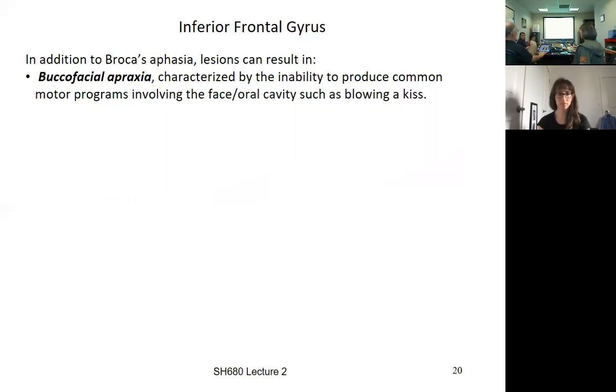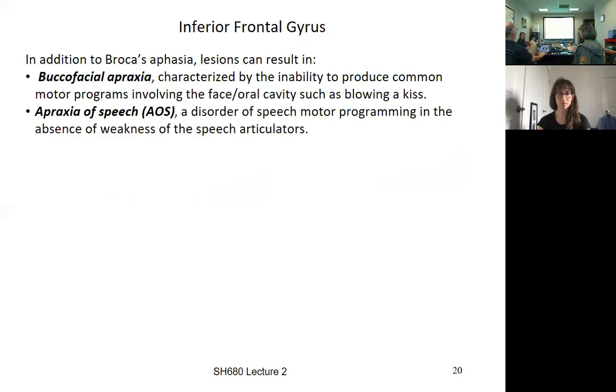Damaging IFG can impair that in addition to or separate from damaging language. And apraxia of speech is the speech disorder that's most commonly associated with damage to IFO as well, the posterior portion of the inferior frontal gyrus.